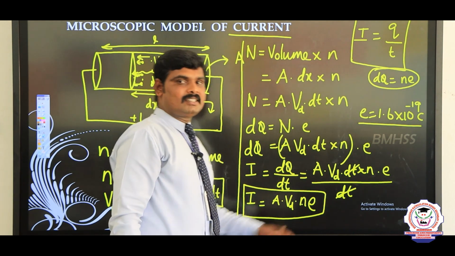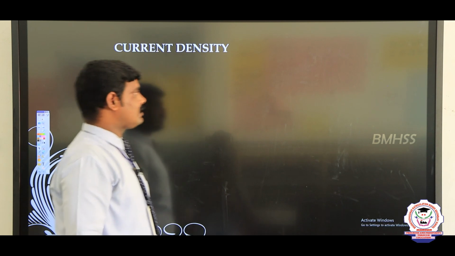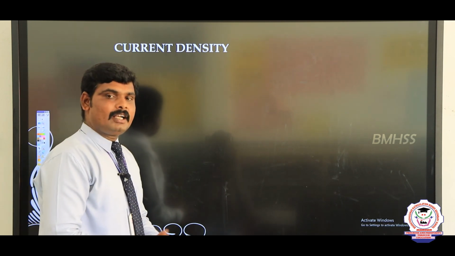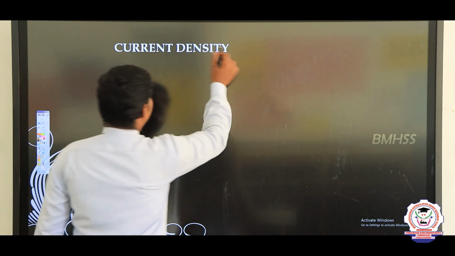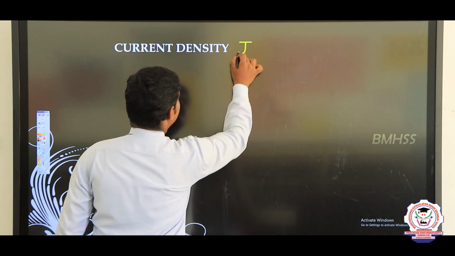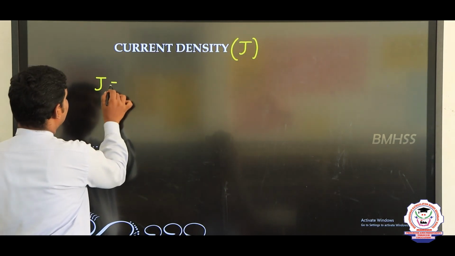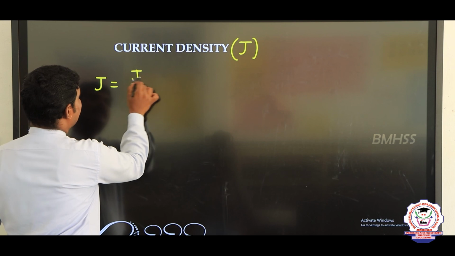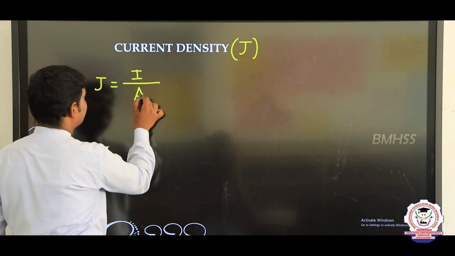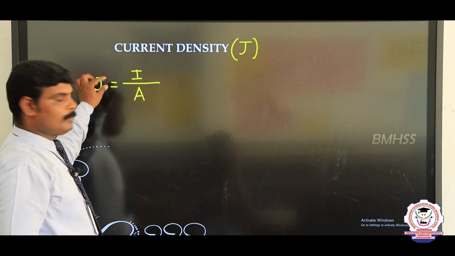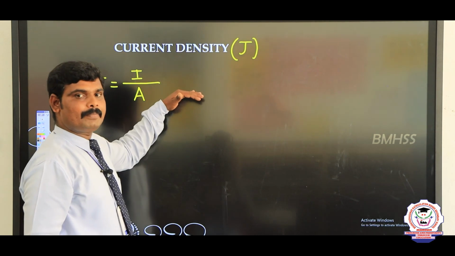Then we will see the current density. Current density is nothing but current per unit area, and it is denoted by J. So J is equal to the electric current passing through any cross sectional area.